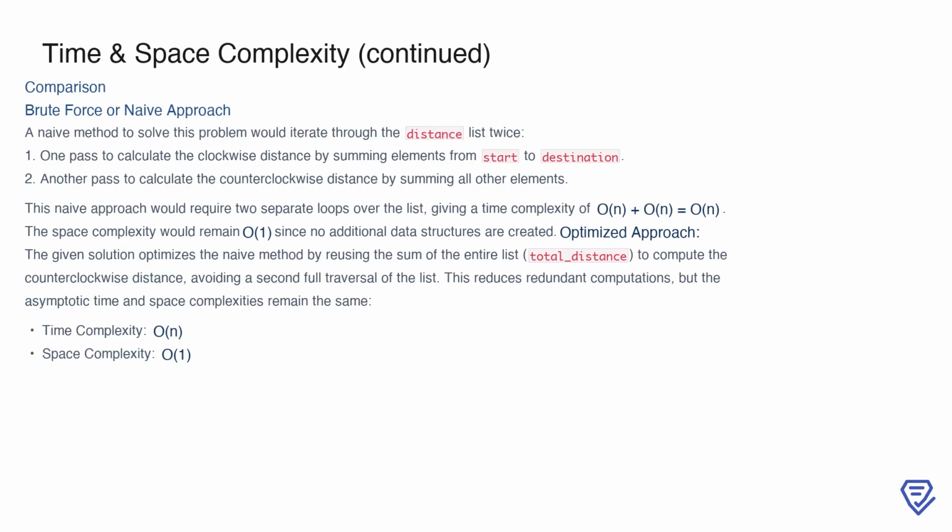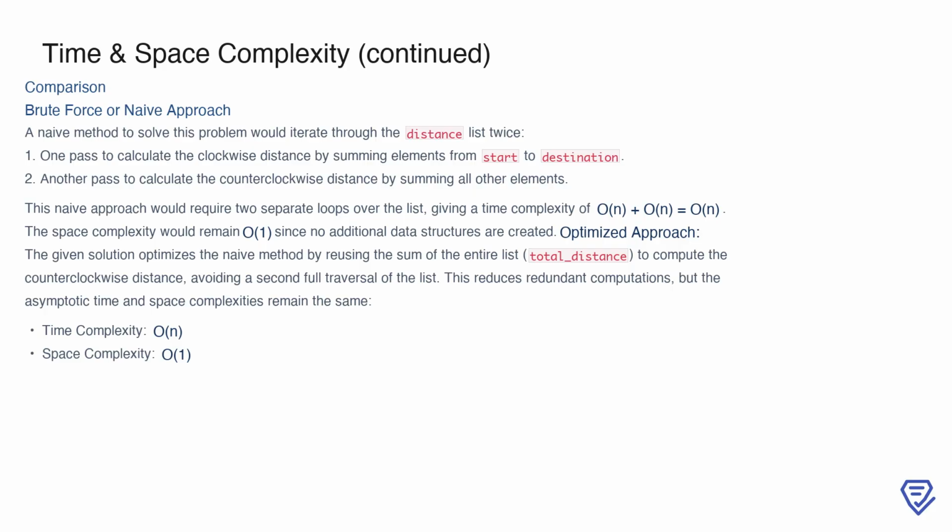To better understand the efficiency of this approach, let's compare it to a brute force or naive solution. The naive method would calculate the clockwise_distance by iterating through the relevant elements of the distance list in one pass. Then, it would calculate the counterclockwise_distance with a second pass, summing the remaining elements. This would involve two separate loops over the list, resulting in a time complexity of O(n) plus O(n), which simplifies to O(n).